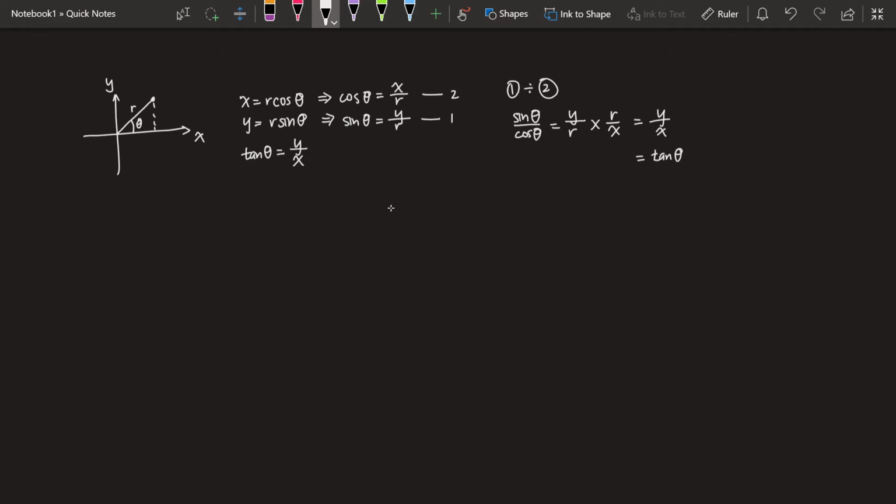And so this is the first identity that we have learned today. So tangent theta is in fact equal to sine theta over cos theta. Right, so this is a fairly basic identity.